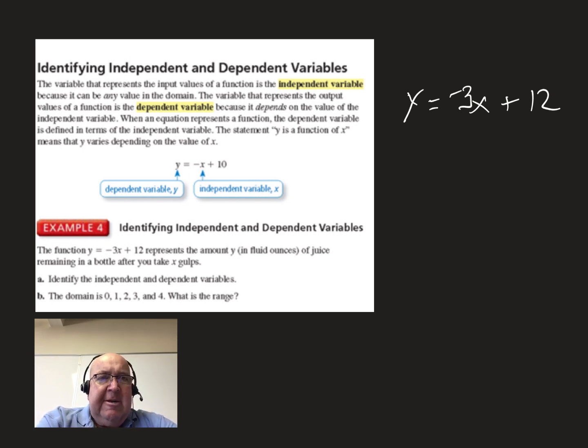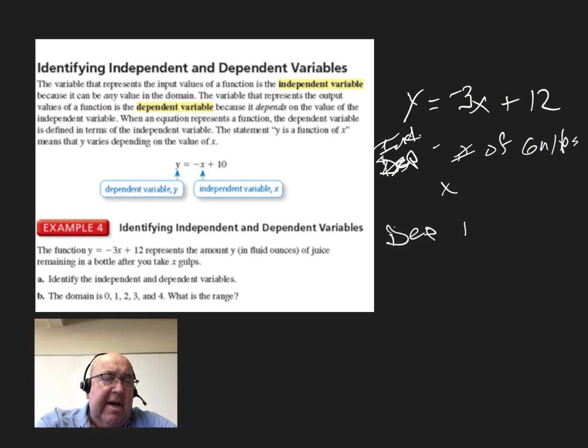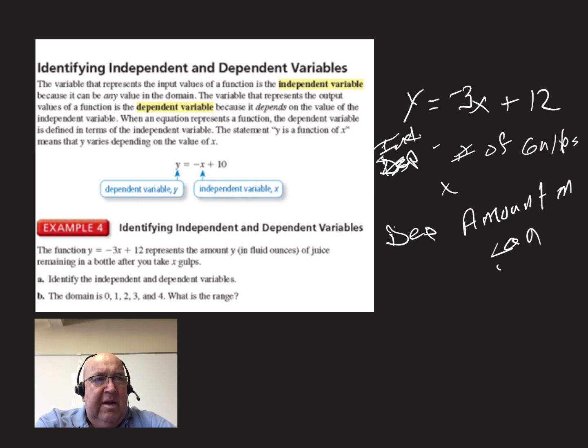Okay, the independent variable is number of gulps, which is x. Excuse me, I said dependent before, but that was independent. I get going too fast. Our dependent variable is the amount left in the can after, and that's y.